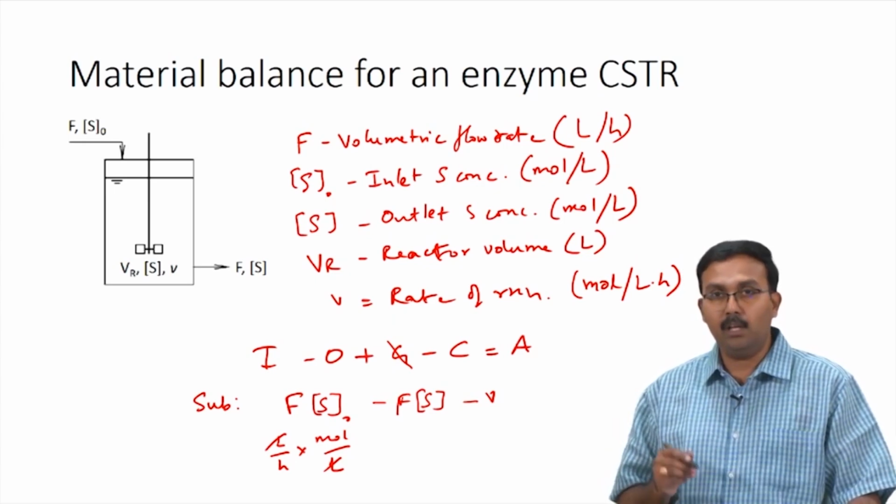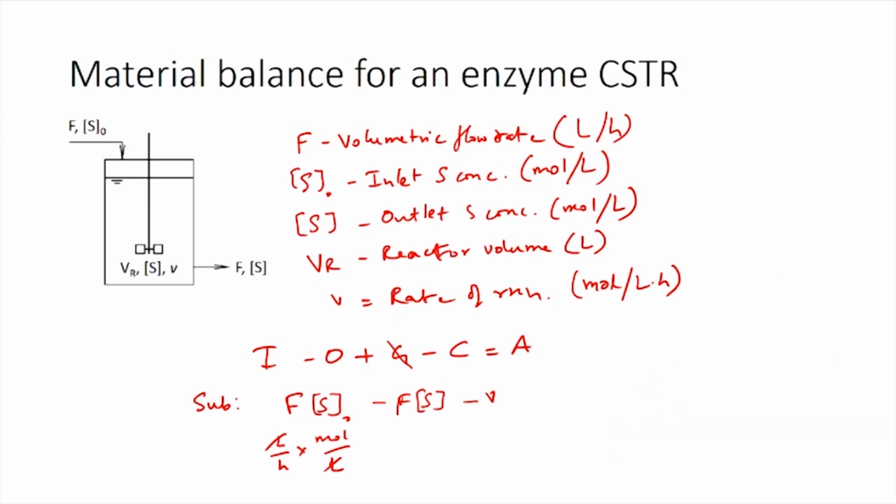To get the total number of moles consumed per hour, we have to multiply this rate by the volume of the reactor, which is Vr. This would be equal to the accumulation, which is dS/dt, the rate of change of substrate concentration, times Vr, the volume, giving us the rate of change of substrate amount with respect to time.